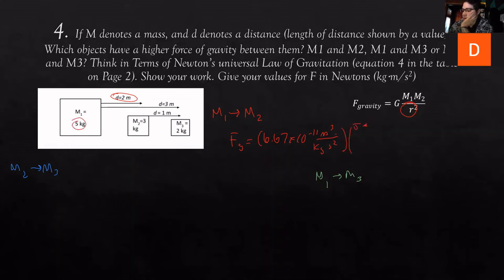Our second mass is 3 kilograms. Divided by the distance between the two, which is 2 meters squared. This comes out to be 2.5 times 10 to the negative 10th newtons.